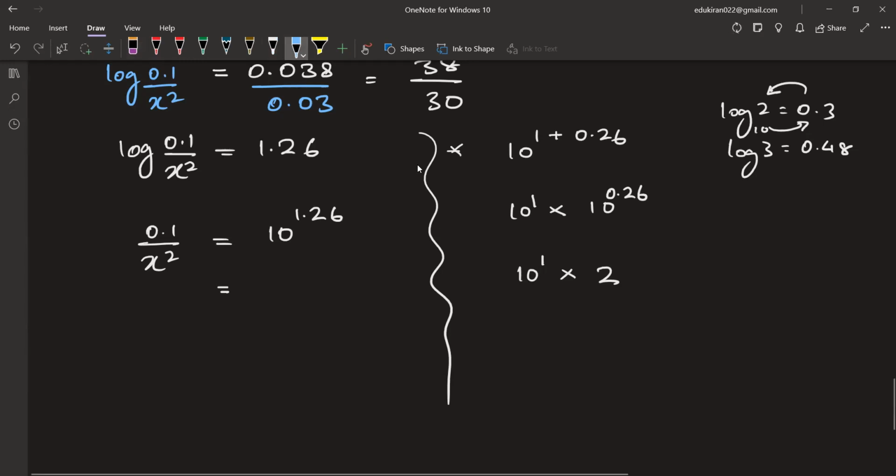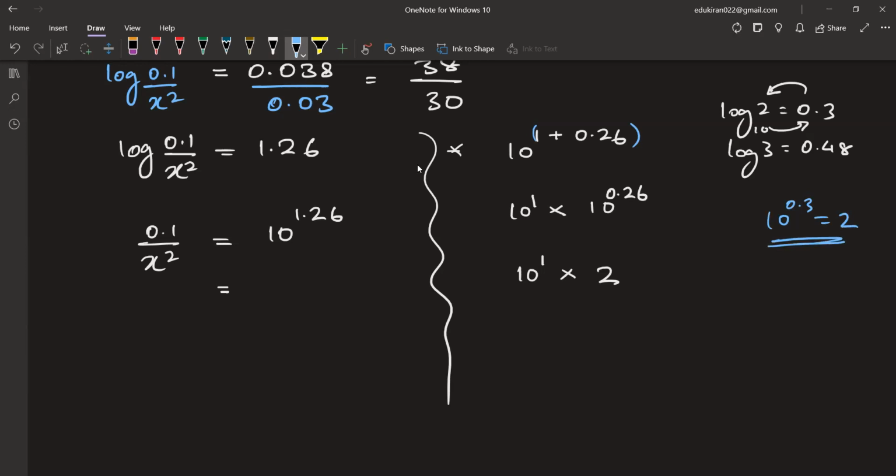Now what you have to do, 10 to the power 1 plus 0.26 था, then you wrote it as 10 to the power 1 into 10 to the power 0.26, ठीक है? And then you don't know what is 10 to the power 0.26, but you know that 10 to the power 0.3 is equal to 2. You know this?